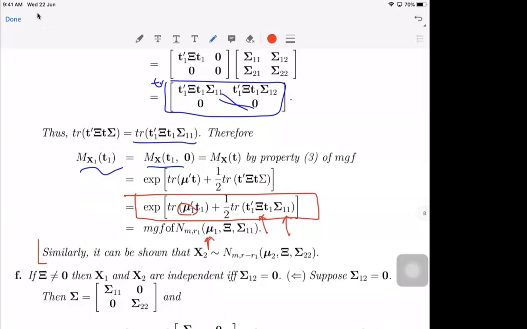So similarly, the marginal MGF of x2 will have the parameters mu 2, psi, and sigma 2, 2.